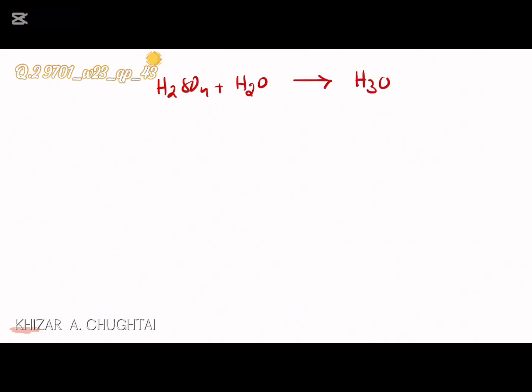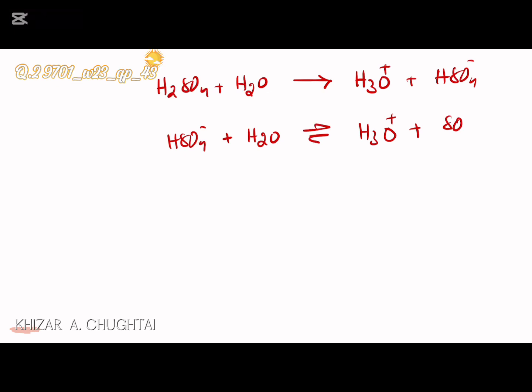There is the formation of H3O+ ion and HSO4- ion. In the second step, the HSO4- ion reacts again with water, and it is a reversible step, and here there is the formation of H3O+ ion again, and SO4 2- ion is formed.